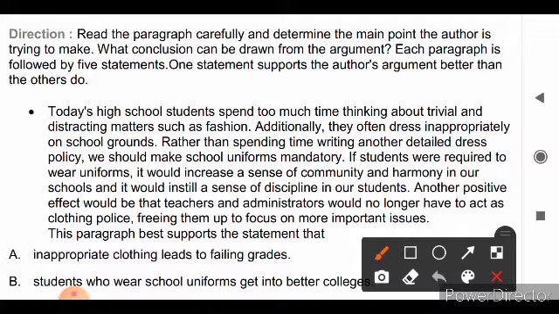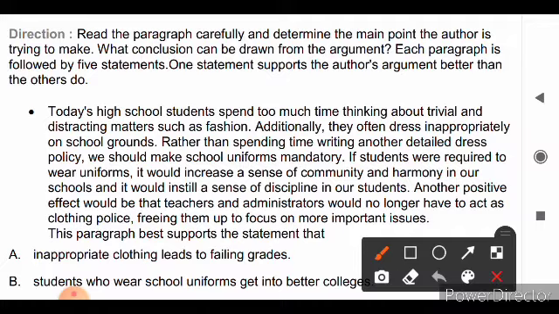Another positive effect would be that teachers and administrators would no longer have to act as clothing police, freeing them up to focus on more important issues.